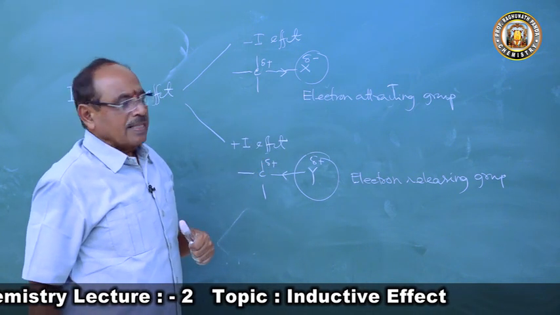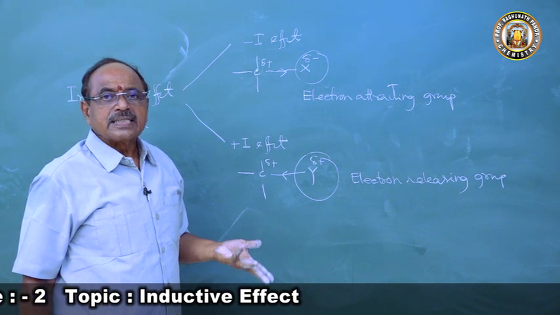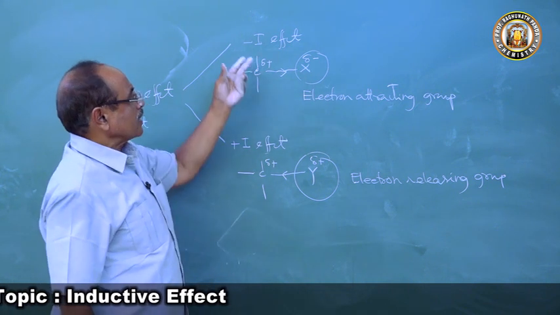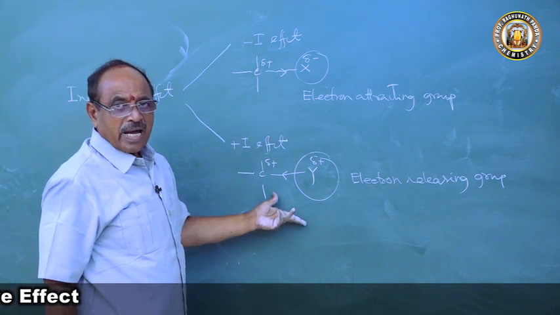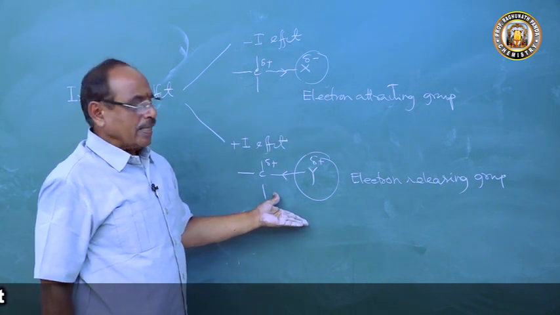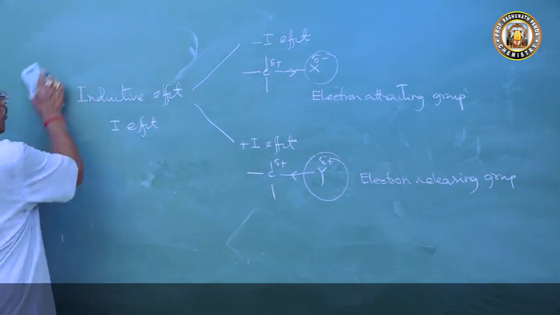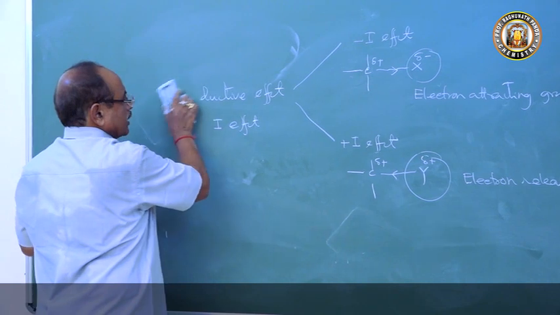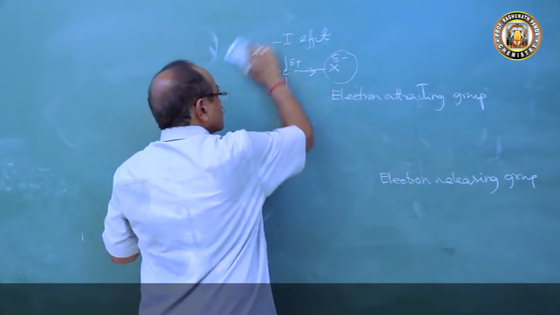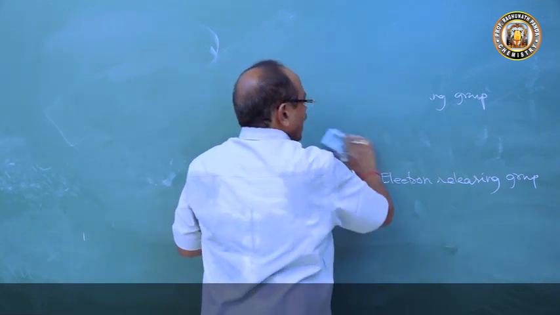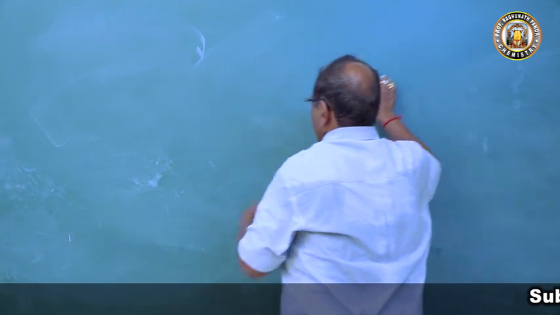Now who are the electron attracting groups and who are the electron releasing groups? The minus I effect is caused by electron attracting groups and the plus I effect is caused by electron releasing groups. So which groups are electron attracting groups? Those groups which have higher electronegativity than carbon.